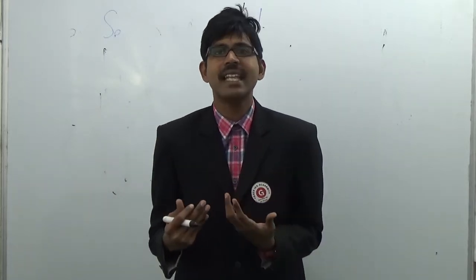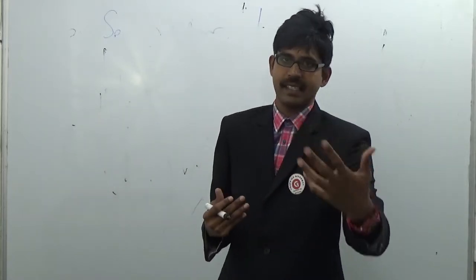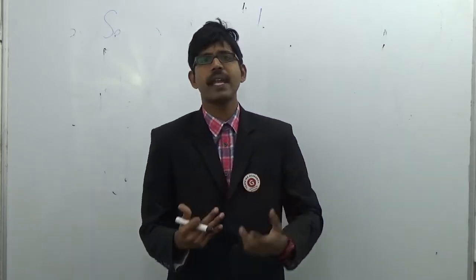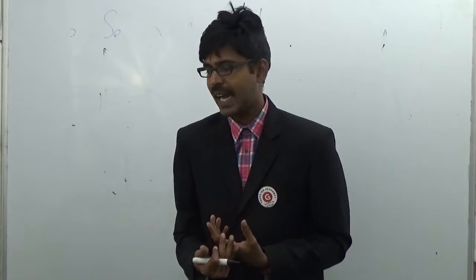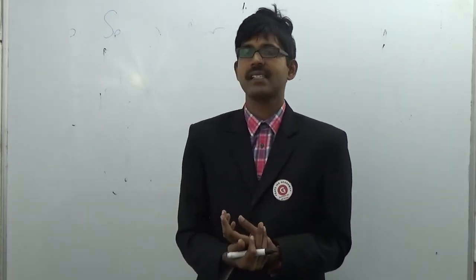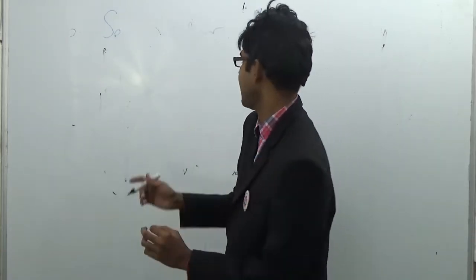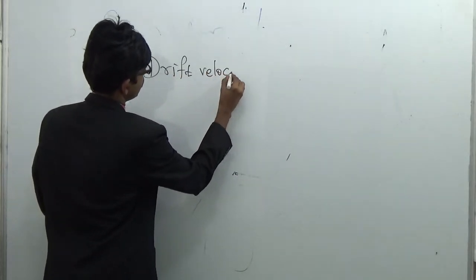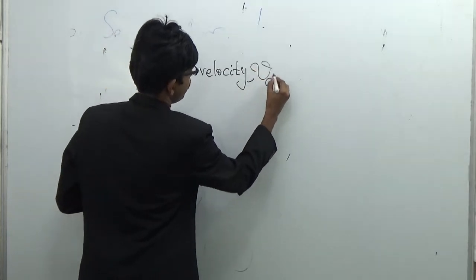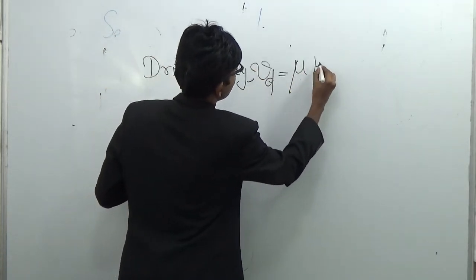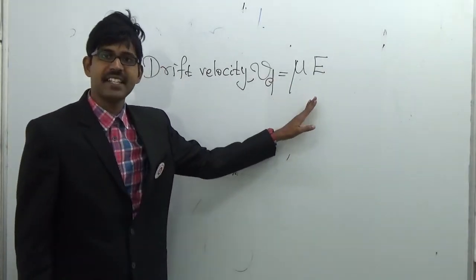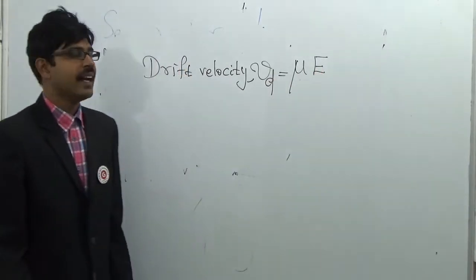Now, when an electron is moving, obviously it's going to move with a particular velocity. Now, we call this velocity the drift velocity. What is the relationship between drift velocity and the applied electric field? Drift velocity Vd is given by mu times E. Here mu is the mobility of the electron and E is the applied electric field.